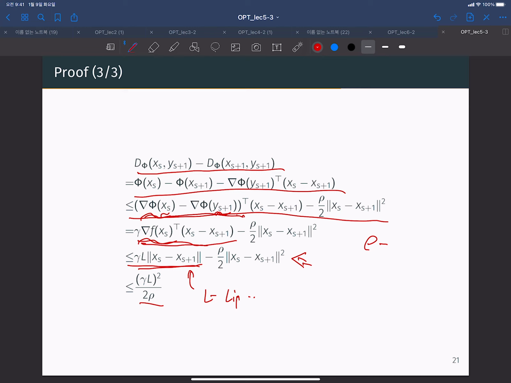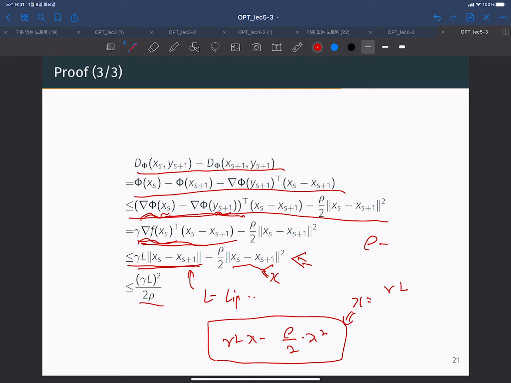Because when we think of this as an x value, basically this is a quadratic function, gamma L x minus rho over 2 times x squared. So how can we optimize this with respect to x? This is optimized when x is equal to gamma L over rho. So that is the result.